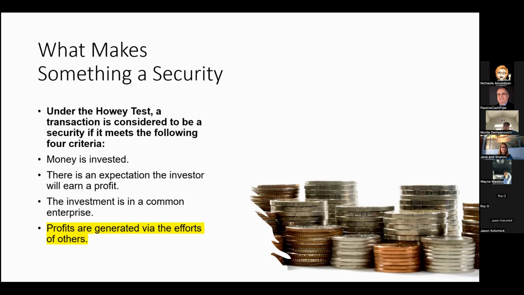So what we're going to be talking about next week a little more is that in the securities laws, there are some exemptions. There are some exemptions that we can use so that we don't have to have security licenses.